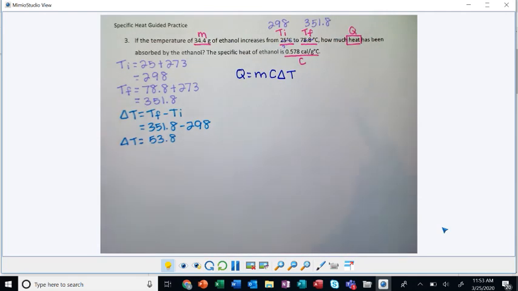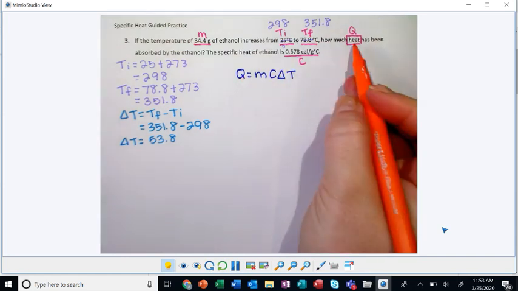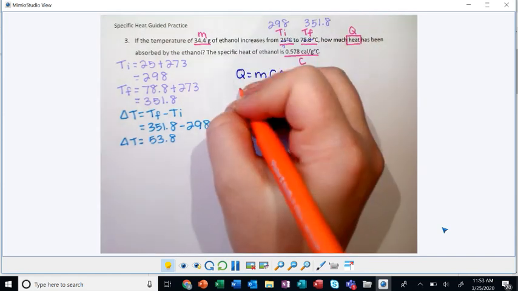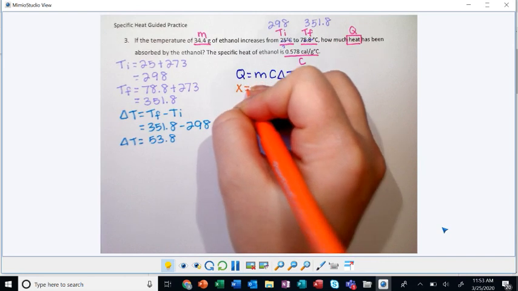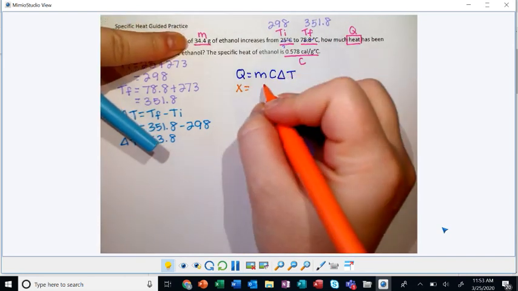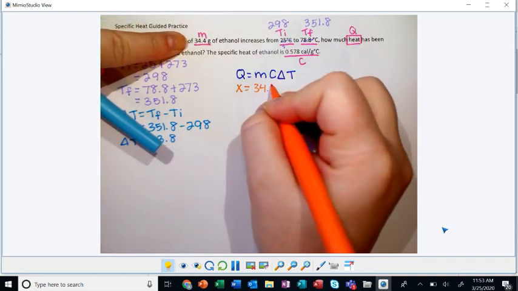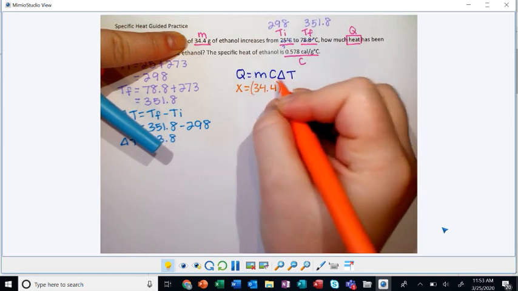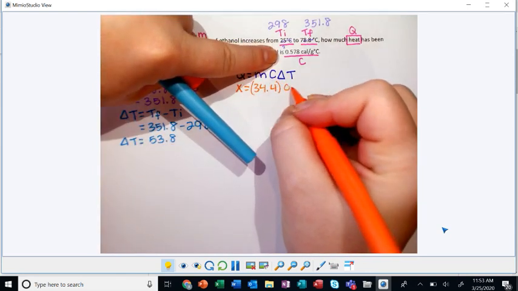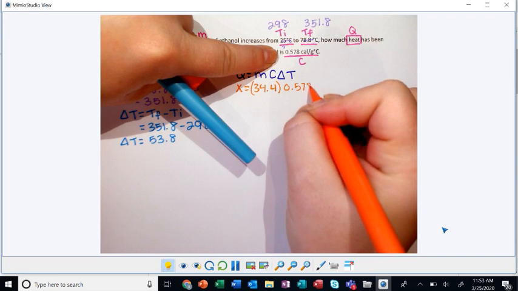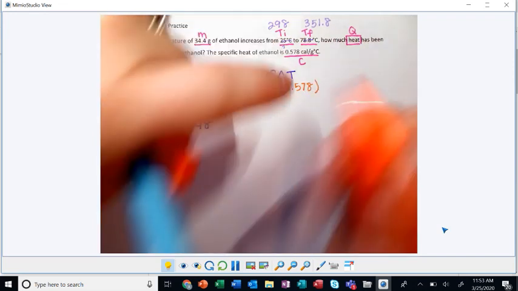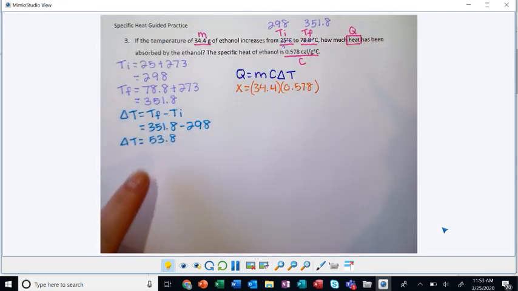So let's start plugging in what we know. Q, that's my question. That's what I boxed. So that is my X. Mass, 34.4. The C, 0.578. The delta T, which was down here.